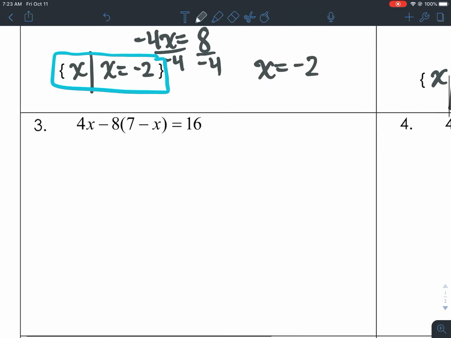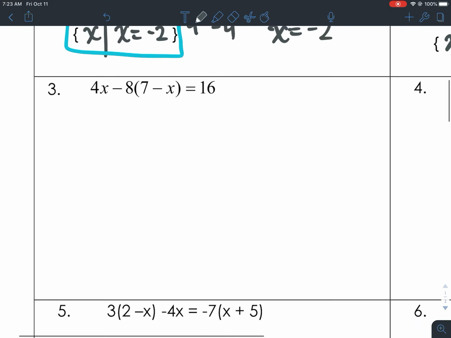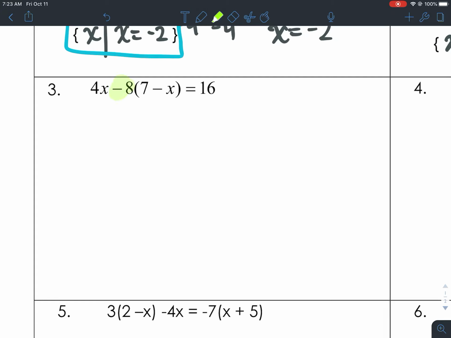Okay. Number 3. You're going to first distribute the negative 8. So that's going to be 4x minus 56 plus 8 equals 16. And then we're going to combine our like terms here and here.